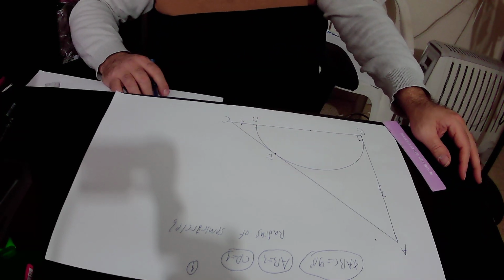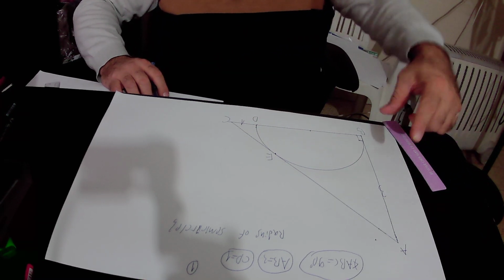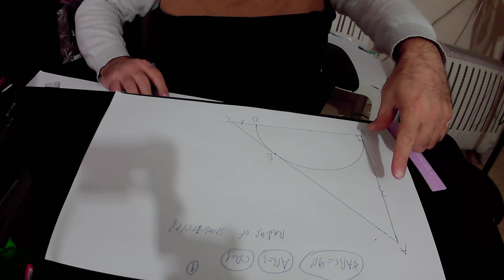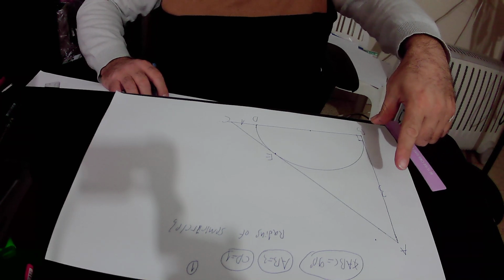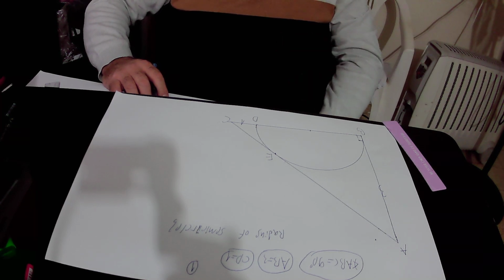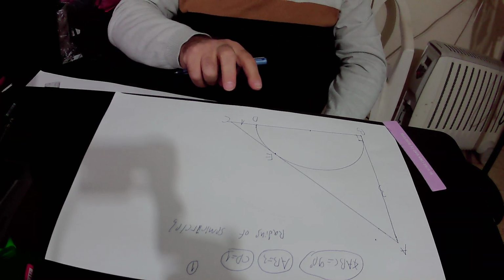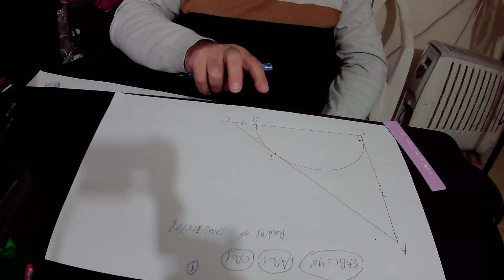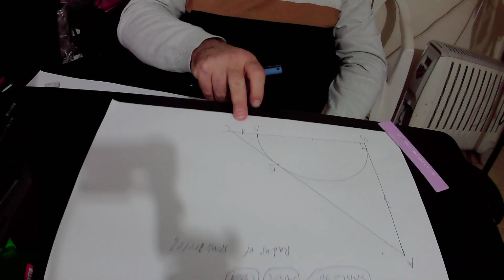We also know that side AB of triangle ABC equals 3 units, and line segment DC equals 1 unit.